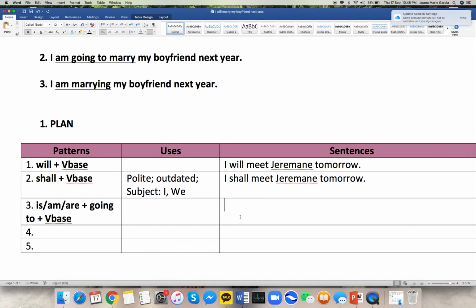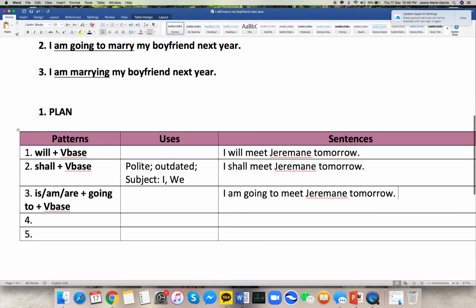Let's have an example sentence. I am going to meet Jermaine tomorrow. So what is the difference between I will meet Jermaine tomorrow and I am going to meet Jermaine tomorrow? Now, we use will plus base form when we talk about impromptu plans. For example, I'm going to tell you, oh, Jermaine has just arrived in the Philippines.